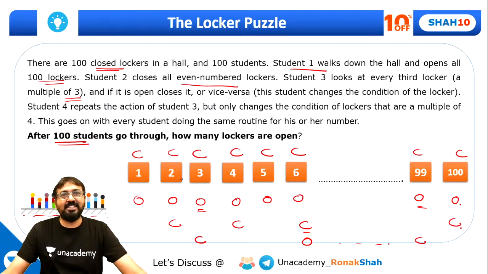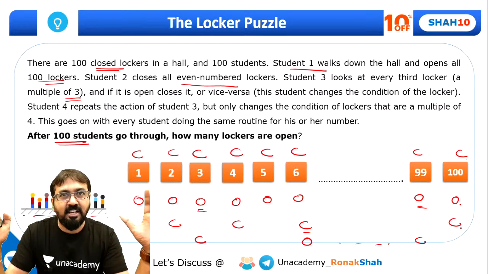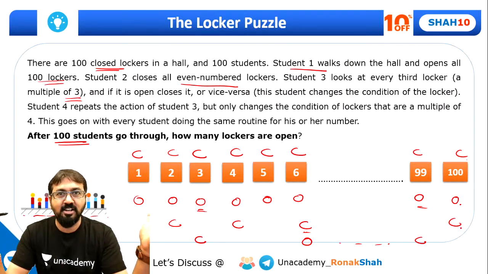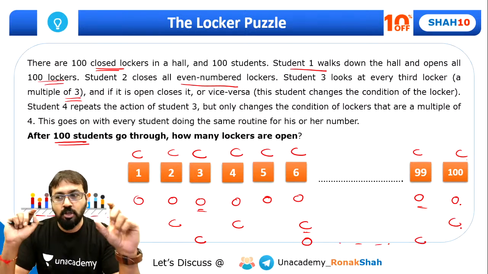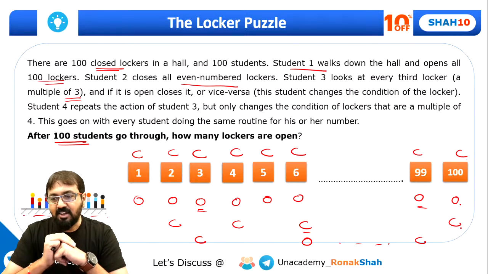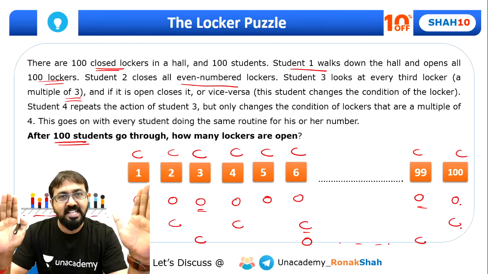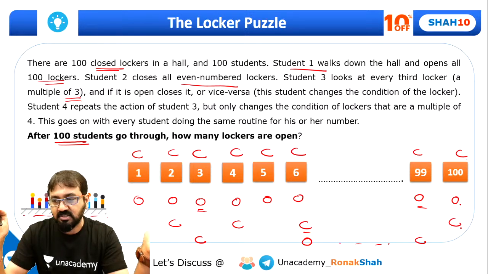Okay, so guys, think about this locker puzzle. Whenever you come across such a big puzzle, there are 100 lockers, suddenly the moment we hear 100 lockers, the mind stops thinking, like how will we do this? So guys, always take a small sample. Assume that there are just 10 lockers and try to see what happens when 10 students have passed those 10 lockers.